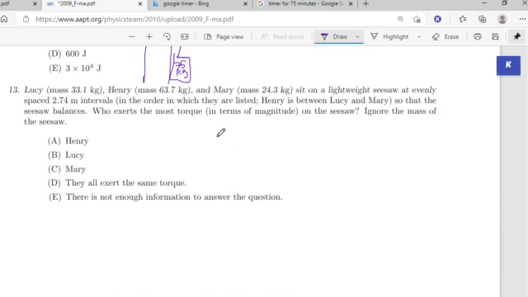Okay, so Lucy, mass 33.1 kilograms. Henry, mass, evenly spaced. Who exerts the most torque?